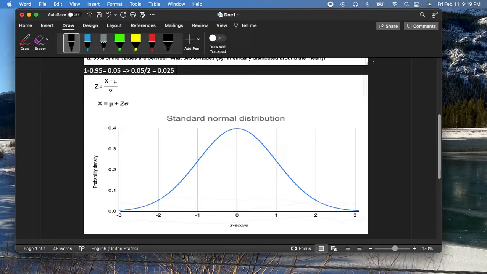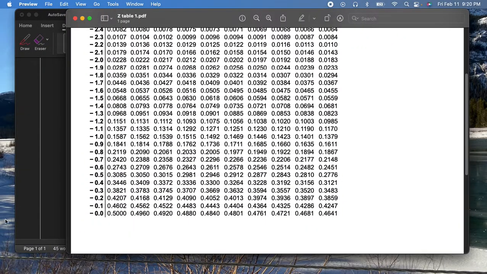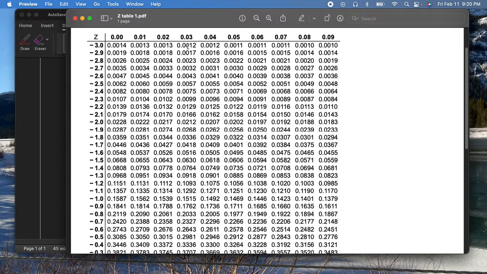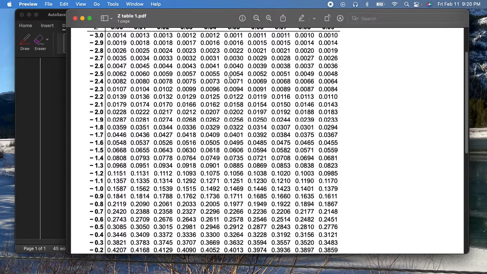Okay, so now we go to the z table and find out where that 0.025 is. Let's bring up the z table and find 0.025. Let's see here, 0.023, no, that's not what we want. We want 0.025.